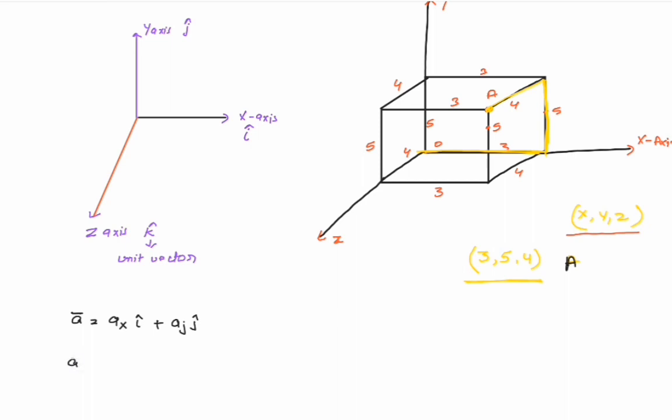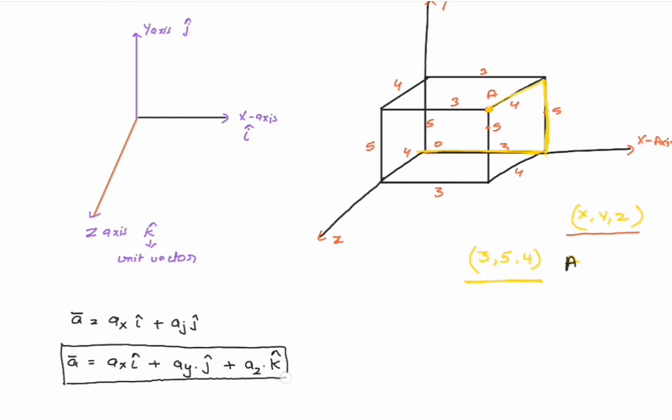So we will write vector A as the x-axis component multiplied by the unit vector along the x-axis, plus the y-axis component multiplied by the unit vector along the y-axis, and additionally the z-axis component of that vector multiplied by the unit vector of that direction, meaning the unit vector of the z direction. This is the complete representation of any vector in space.